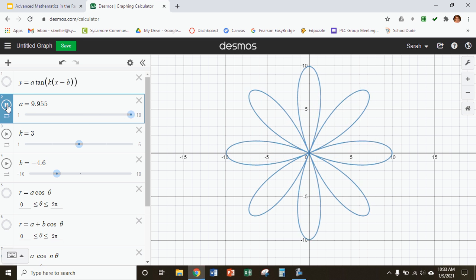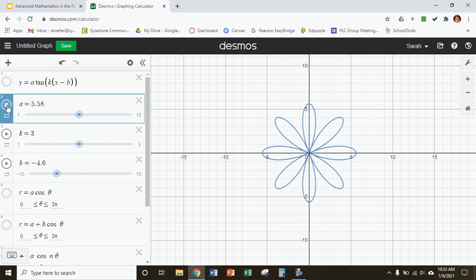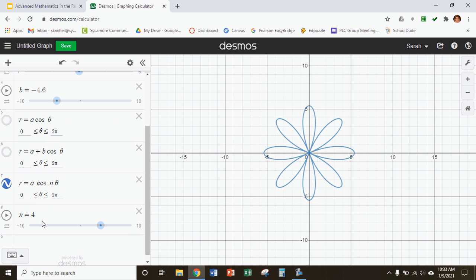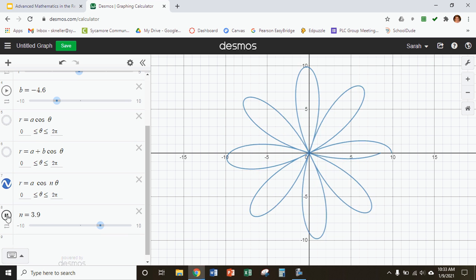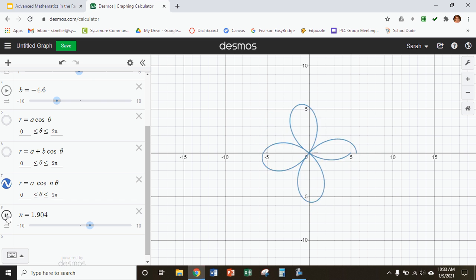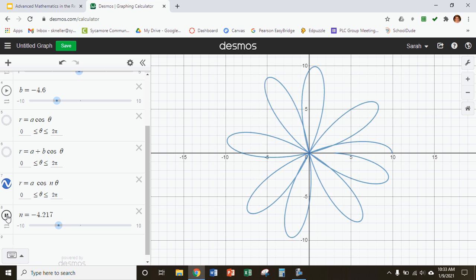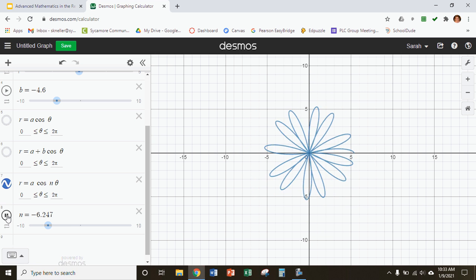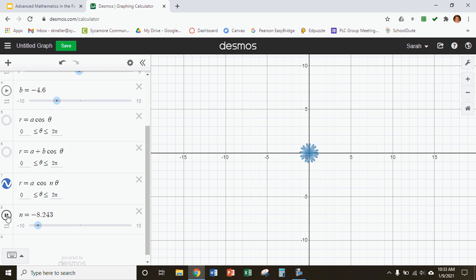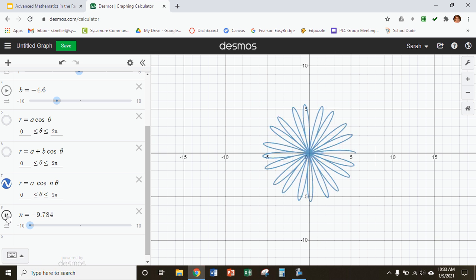It doesn't get so small in the middle there. And then if you want to animate both of them, just scroll down a little bit to n, and just hit play. And then it will grow in size and increase in the number of petals. So that's really cool. I think that's cool to watch. Kind of hypnotic there.